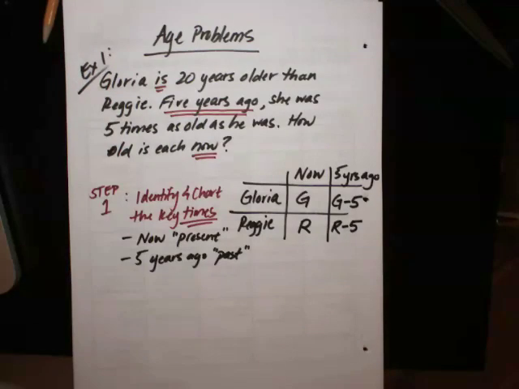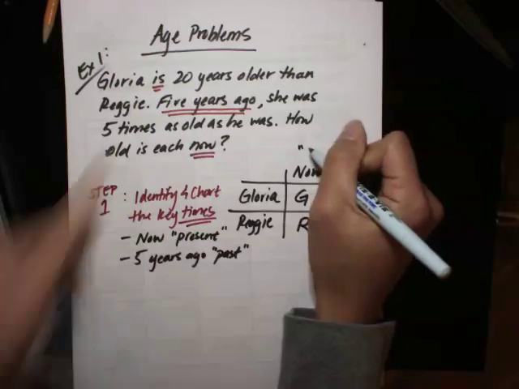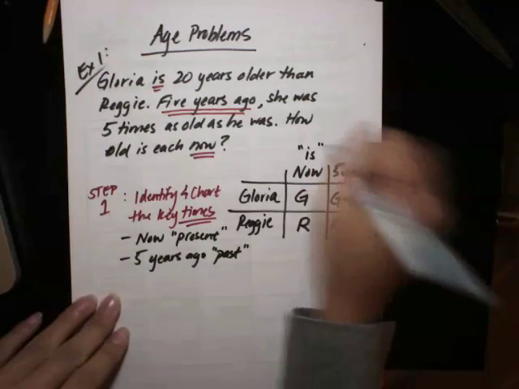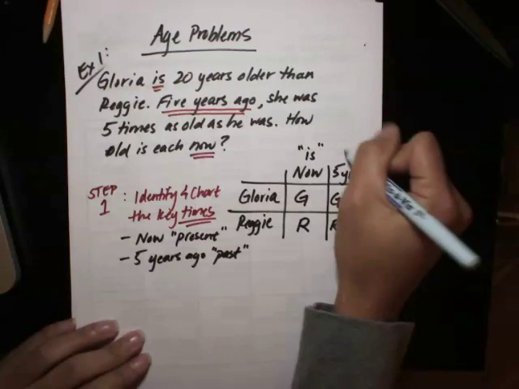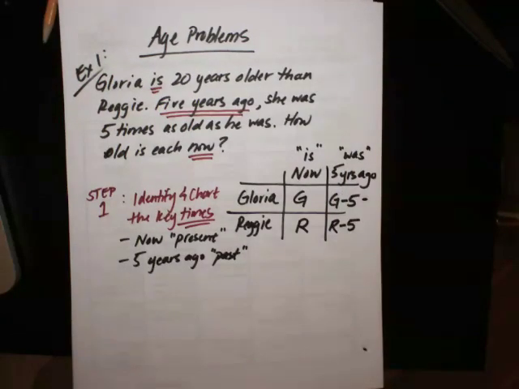Okay, so now what we have is sort of a key that we're going to use. And a little hint for you, I would add in the keywords: is means equals. And if you're thinking about 5 years ago, you're looking for the word was, which represents the past.